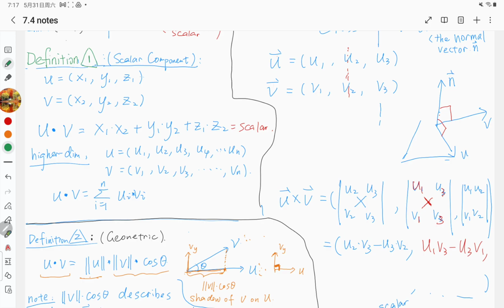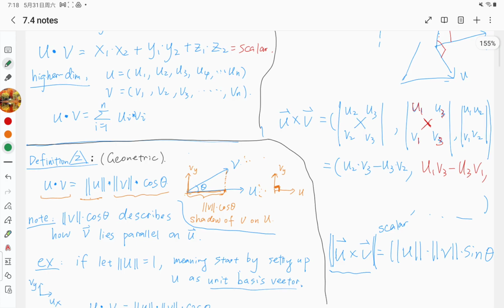So for the component form, you just plug in the components of the vector u, and also plug in the component information for vector v, right? And then you just do coordinate-wise x1 times x2, plus y1 times y2, and then z1 times z2 as a scalar, okay?